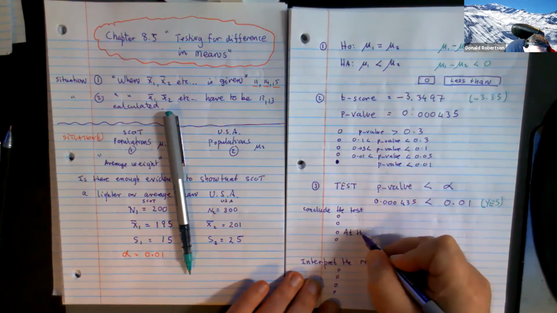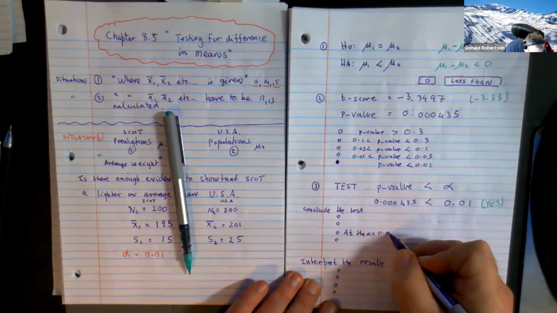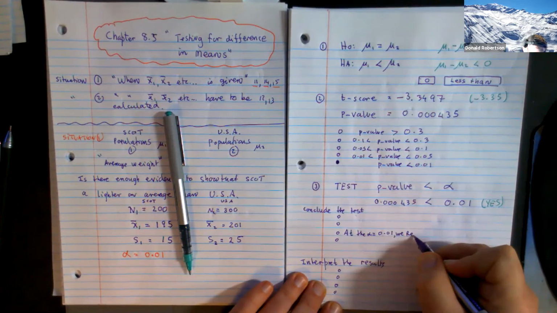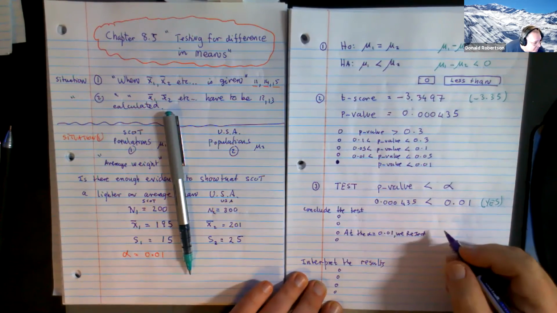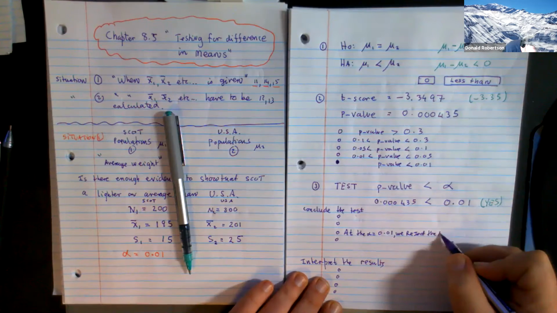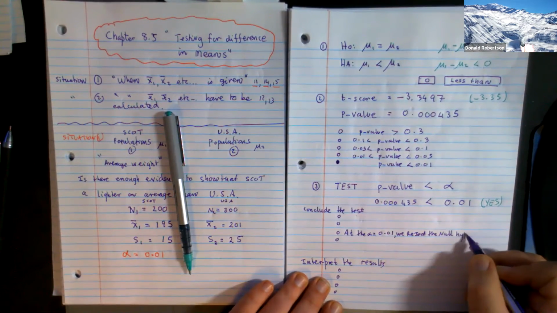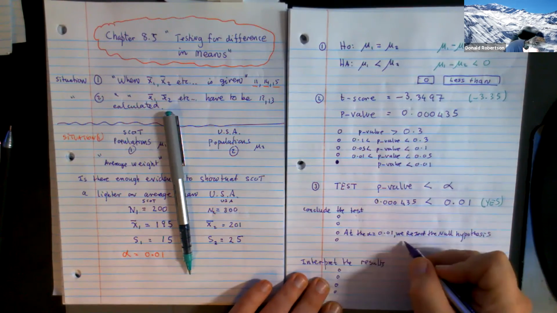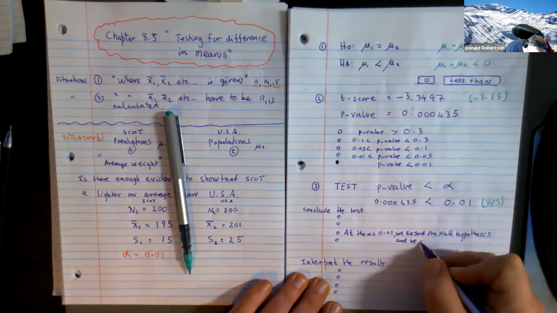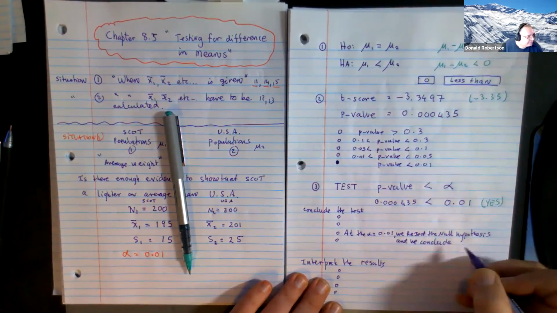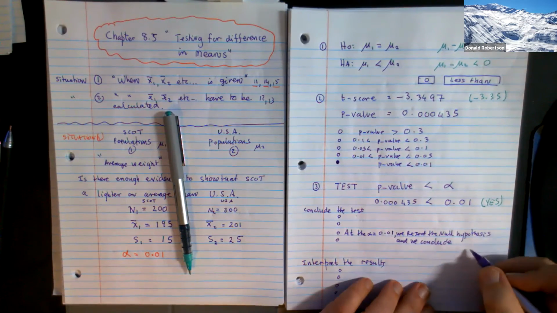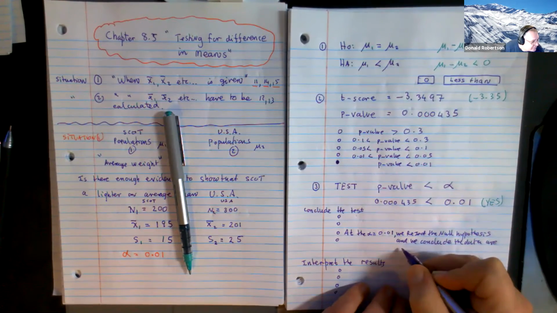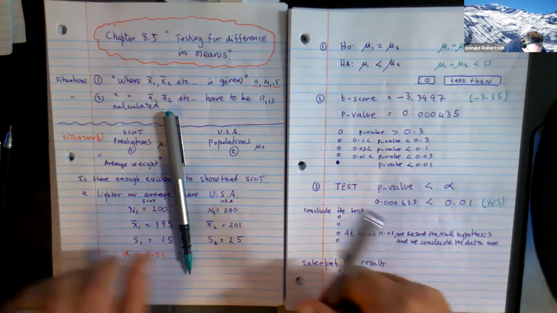At the alpha equals, in this case, 0.01, we reject the null hypothesis, and then it finishes with, and we conclude the data are statistically significant. I should put that in red, I guess.